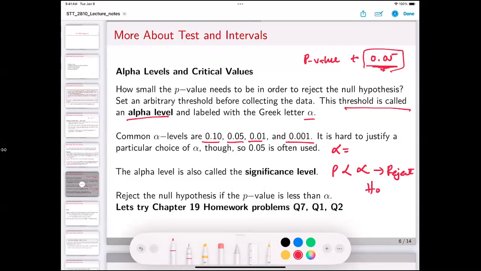So I want you to open to your chapter 19 homework, and let's try question 7.